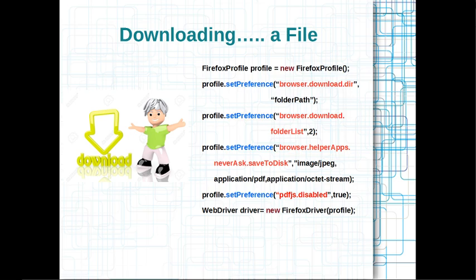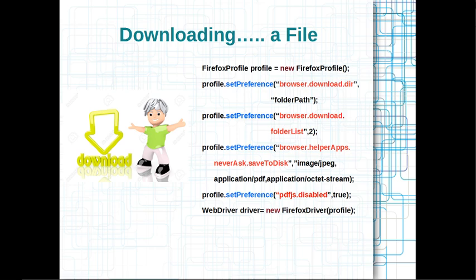The Firefox profile class has a set preference method in which we will be passing some parameters. In the first line of code, we are passing the folder path. This is the path where we want to download our file. In the second line of code, you can see we are passing browser.download.folderList comma an integer value, that is 2 over here.